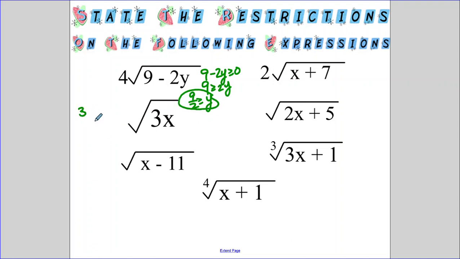In my next one, 3x has to be greater than or equal to 0. Well, that means that x has to be greater than or equal to 0. If I divide by 3 on both sides, I get my restriction for x. So x is greater than or equal to 0. In the one below that, x minus 11 has to be greater than or equal to 0, so it looks like x has to be greater than or equal to 11.